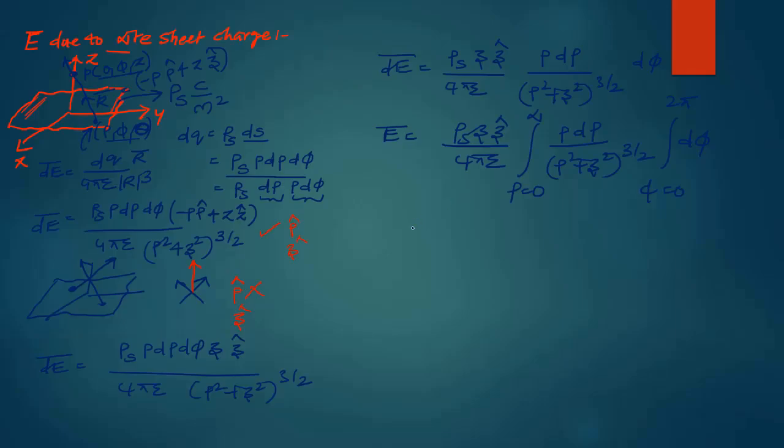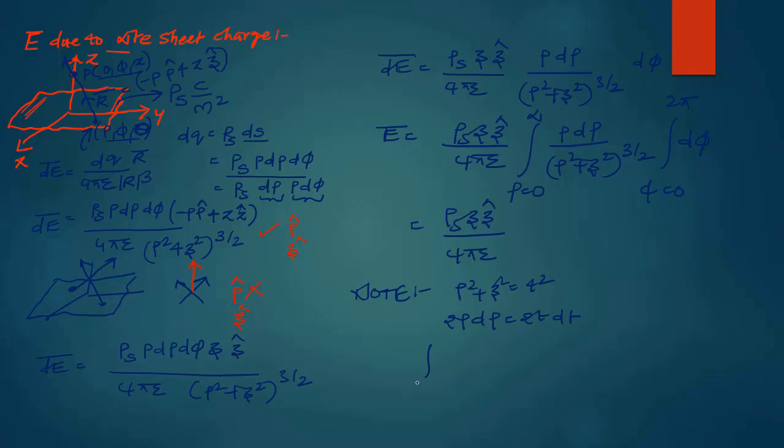So it is equal to rho s z cap by 4 pi epsilon. Now in order to do the integration of this part, I am performing the integration within the note. Take rho square plus z square is equal to t square. If you perform the differentiation here, z is fixed, so you will have 2 rho d rho is equal to 2t dt, and the limits can also be taken accordingly.